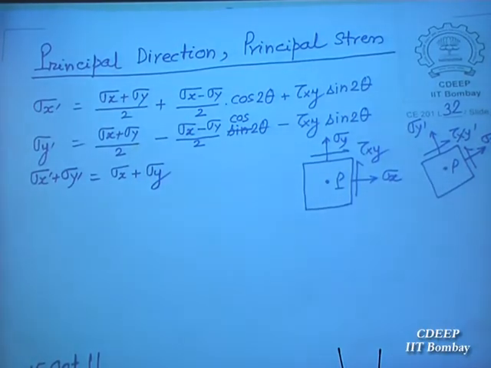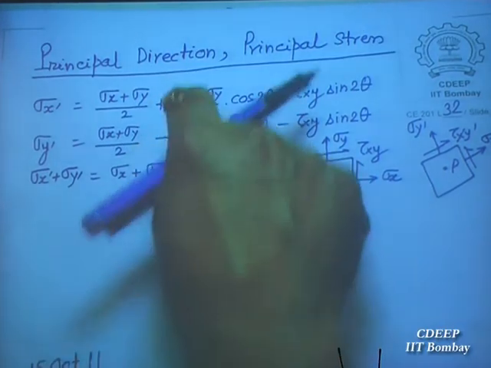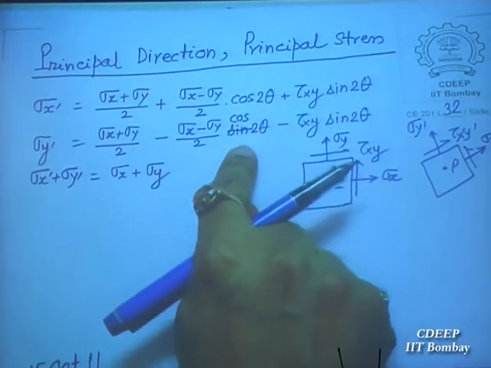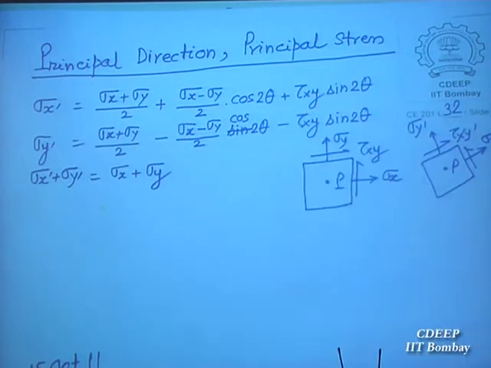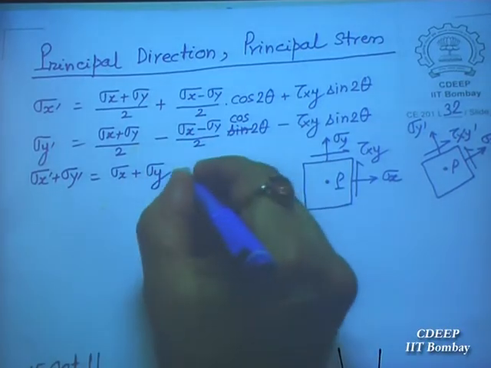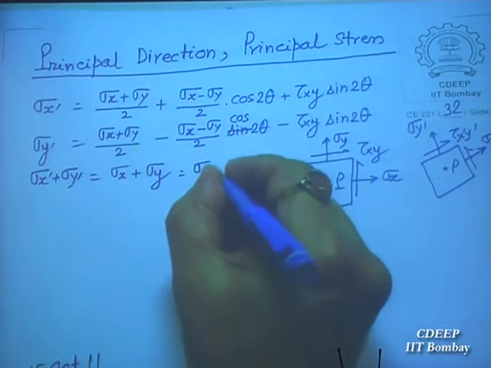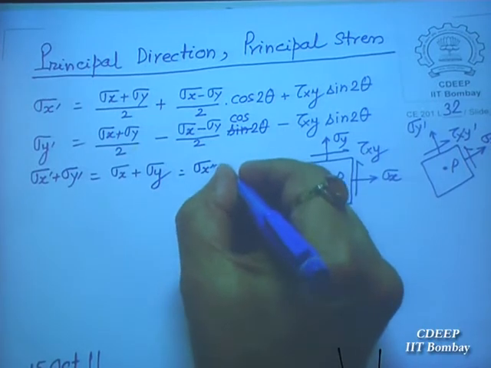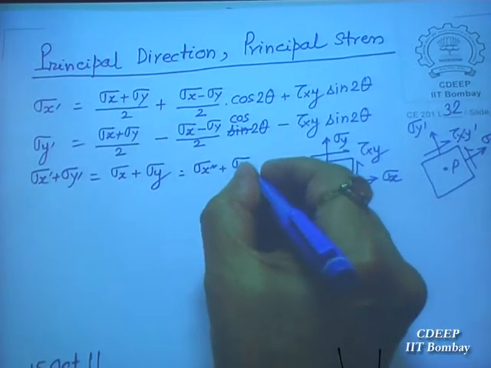This is a very good result. The sum of normal stresses with respect to any set of coordinates always remains the same, for any theta. I can generalize this with double dash, some other axis also.